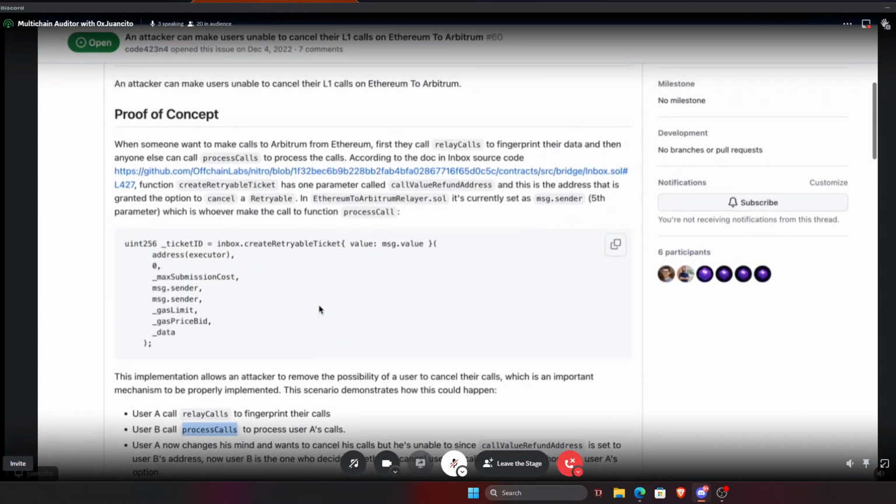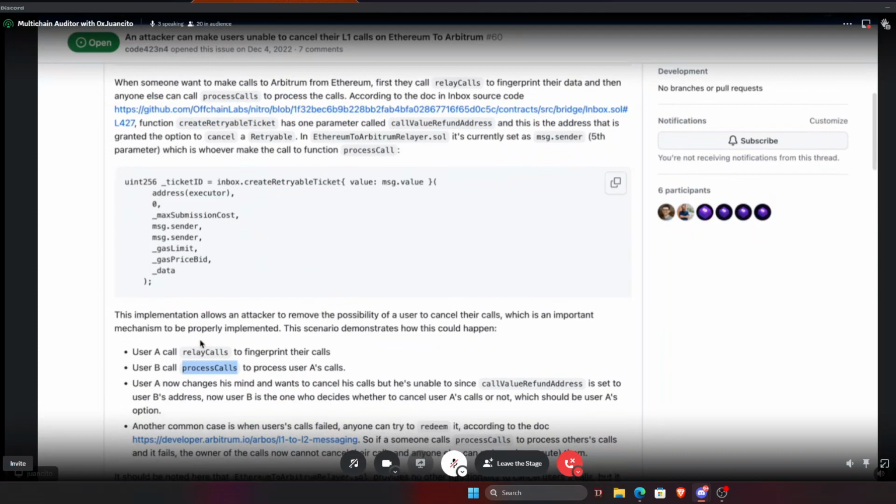The thing that happened in this specific case was that anyone can relay a call, and anyone can process a call from any other person.